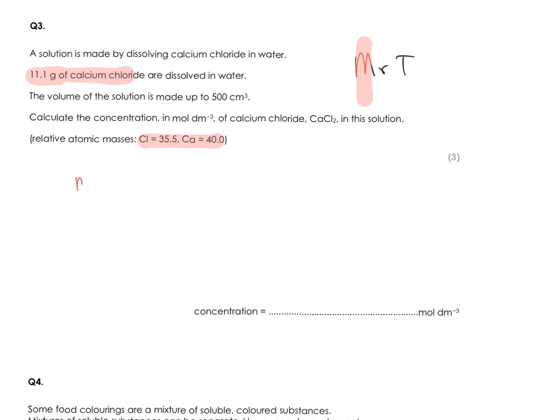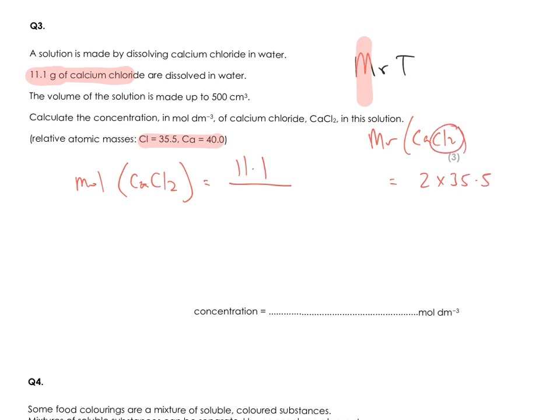So the first thing we can work out is the moles of the calcium chloride, which will equal the 11.1, and that's in grams this time, divided by the relative mass. So to work out the relative mass first, the MR of CaCl2 will equal 2 times 35.5, that's for the two chlorines, and then add that to the 40 for the calcium, so that gives me 111.